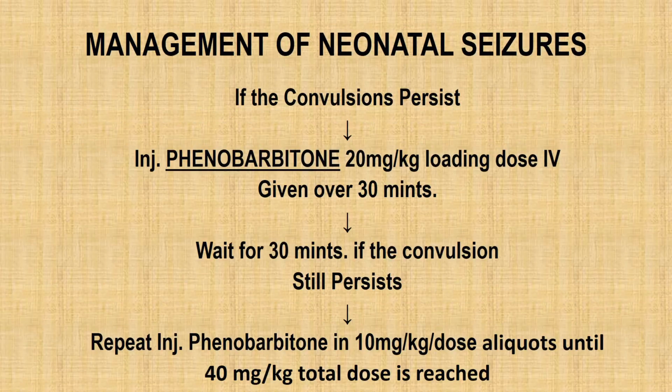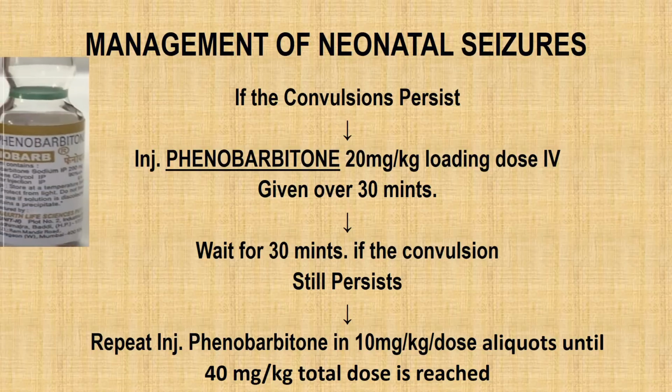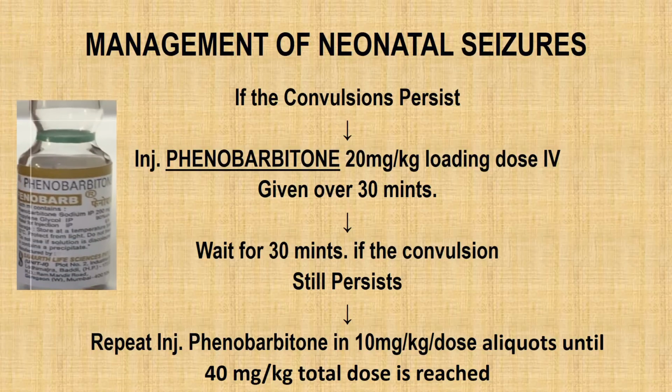If convulsion persists after correcting the hypoglycemia and or hypocalcemia, injection phenobarbital 20 milligram per kilogram loading dose IV is given over a period of 30 minutes, at 1 milligram per kilogram per minute rate. In the phenobarbital vial, 200 milligram per ml is the concentration.